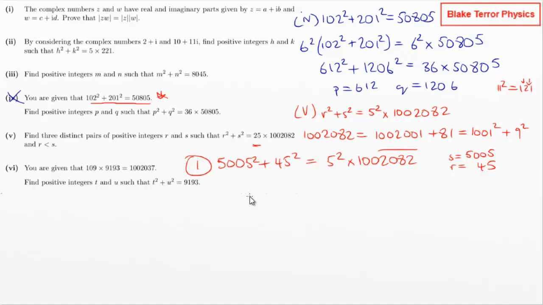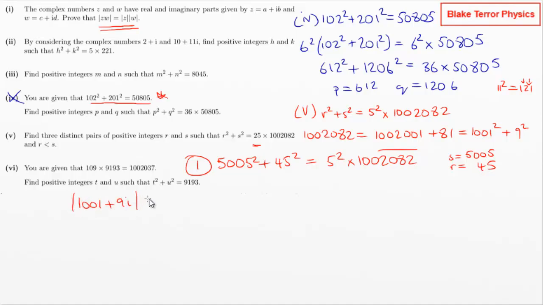Okay, so how am I going to get another pair on all of this then? Let's make clearer what I've actually done. We're coming back to the very start, the first part of the question. I just want to make sure I'm getting this right. So I've got mod z, mod w. Say one of them was 1001 plus 9i.